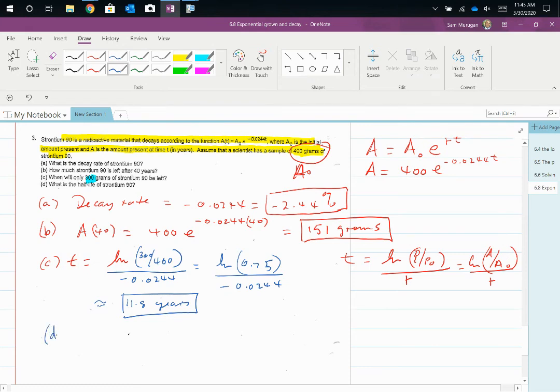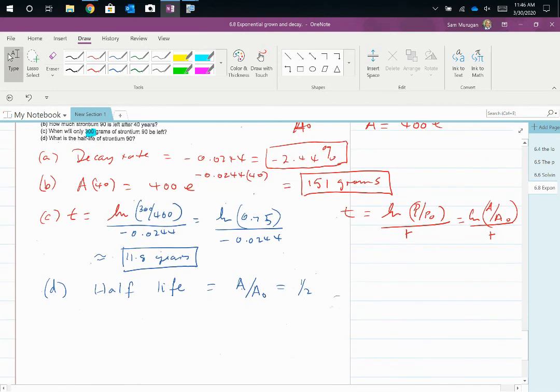And finally, what is the half-life? Half-life is when A divided by A0 is half. In other words, half of the initial amount, not double now, half. So time is the logarithm of half divided by negative 0.0244.